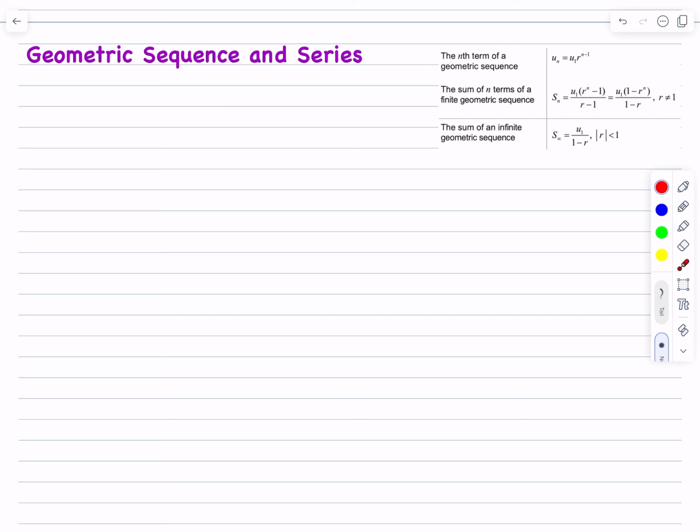As we did in a previous video, we said that in arithmetic sequences, the numbers increase or decrease by the same amount each time. So here we have an example of an arithmetic sequence. And as we see here, all the numbers increase by the same amount, which is here 4.